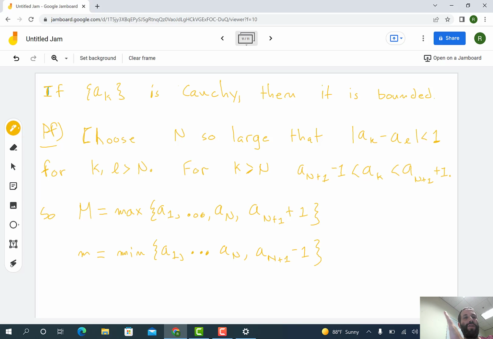This is an upper bound for the tail end of the sequence, so all of the elements of the sequence have to be smaller than M. Similarly, m is the lower bound because it is the minimum of the first part of the sequence, and it is a lower bound for the tail end of the sequence. So these are upper bounds and lower bounds. So in other words, this proves that if I have a Cauchy sequence, it's bounded.